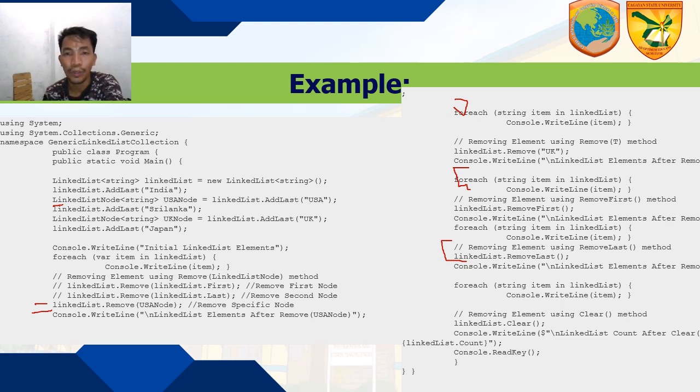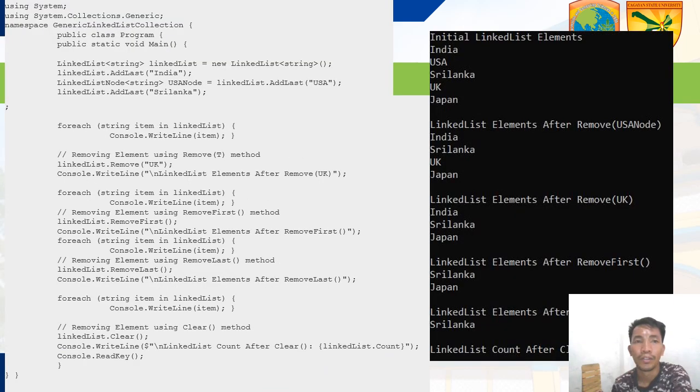Okay, so don't worry, we'll try to run this so you'll be able to see. The complete code snippet is here, and we'll see how the elements have been added and removed using the specified methods.